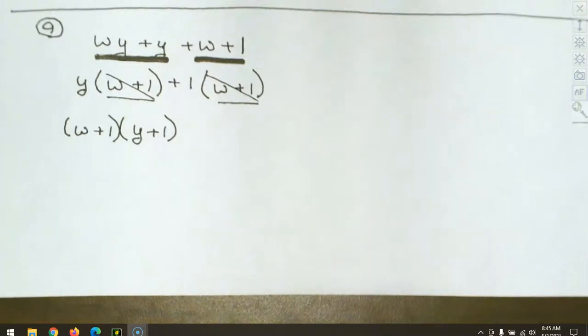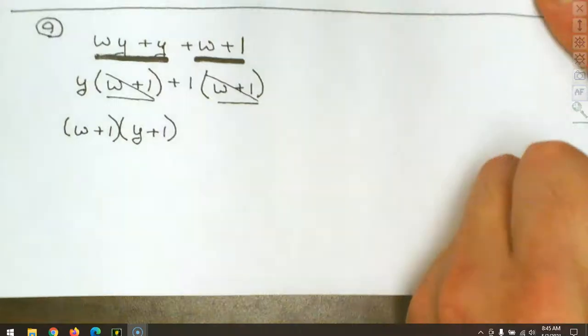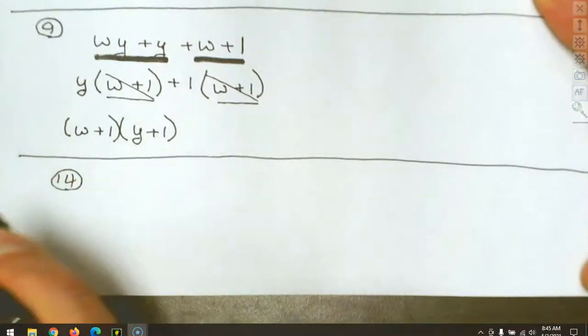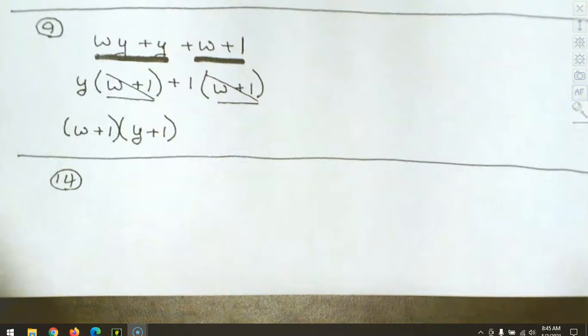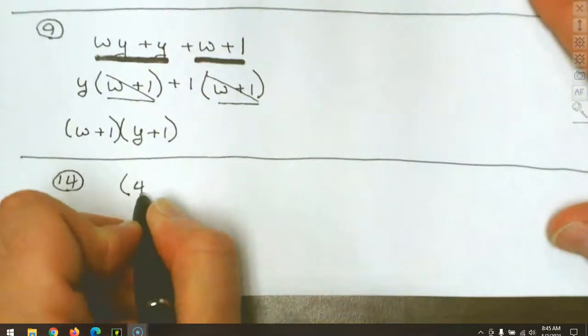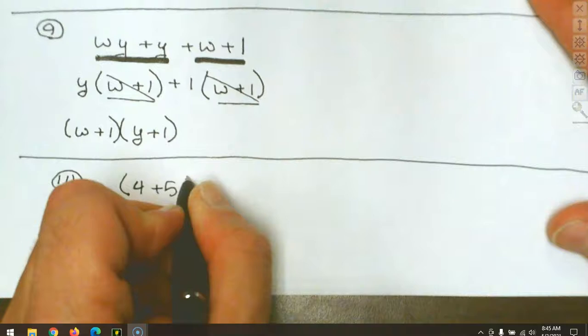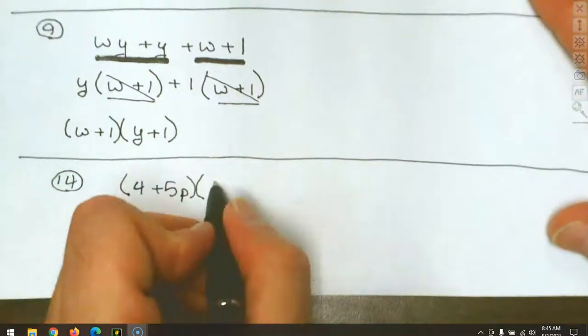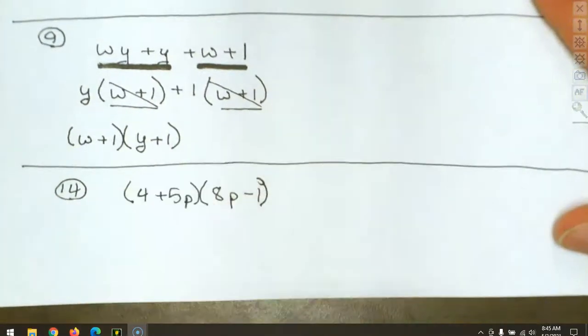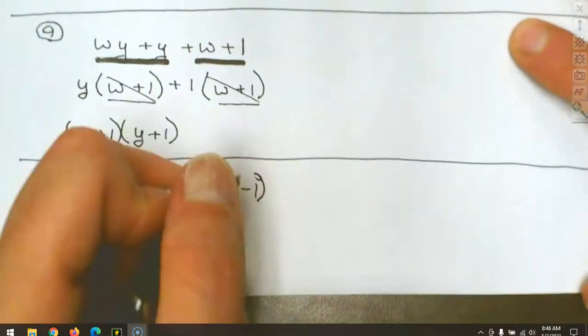Okay, question 14. Question 14 is decide if this has been factored completely. And how do we determine if it's been factored?